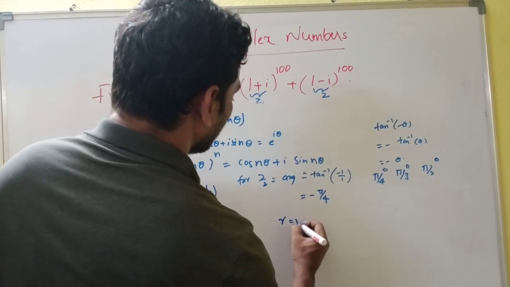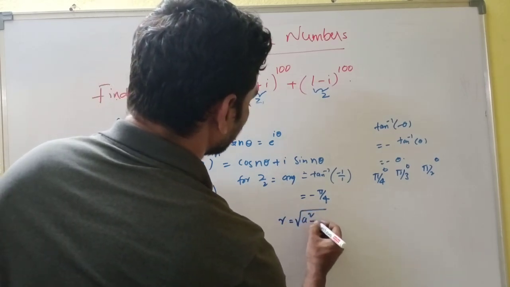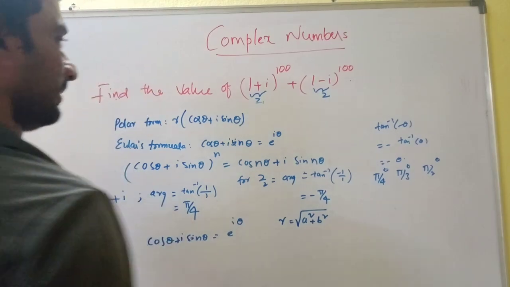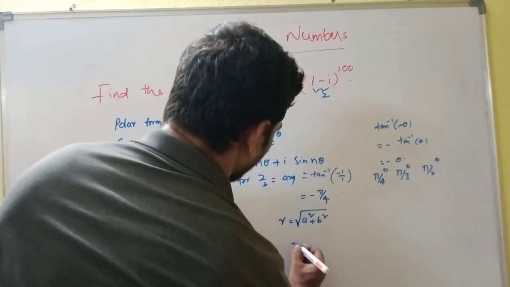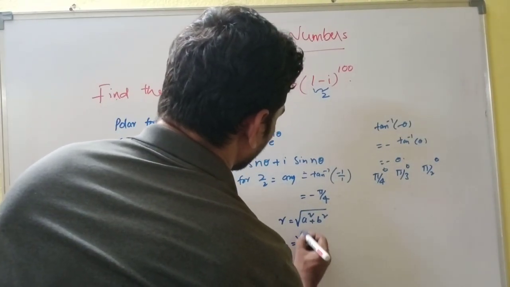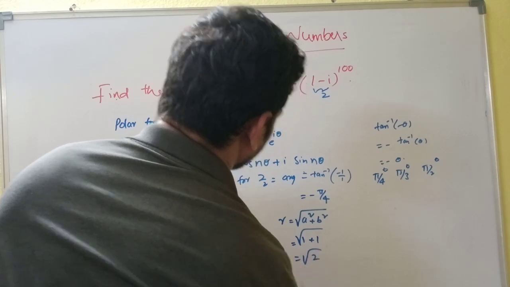R equals under root a square plus b square. What is a here? 1, and b is 1, so under root, it equals under root 2.